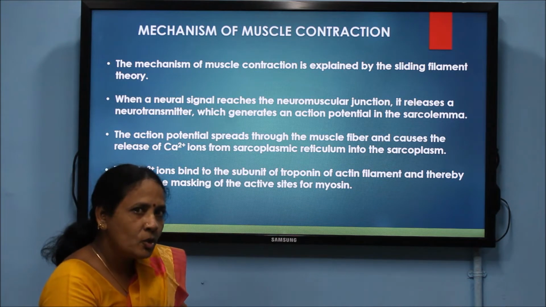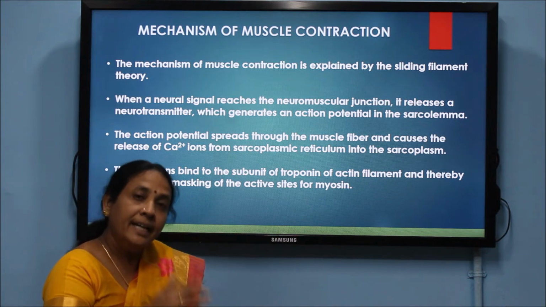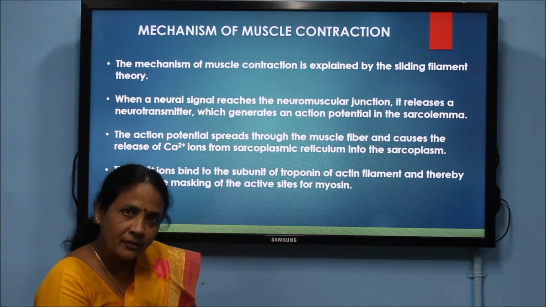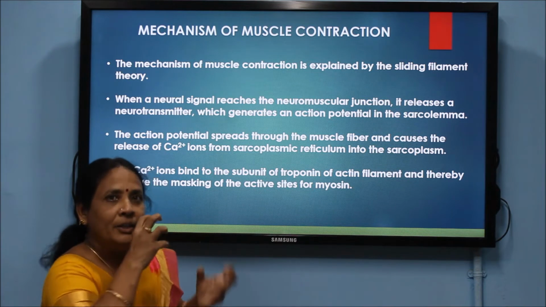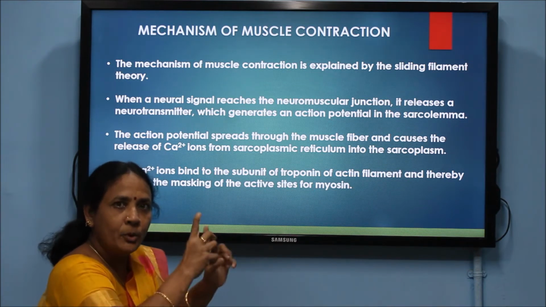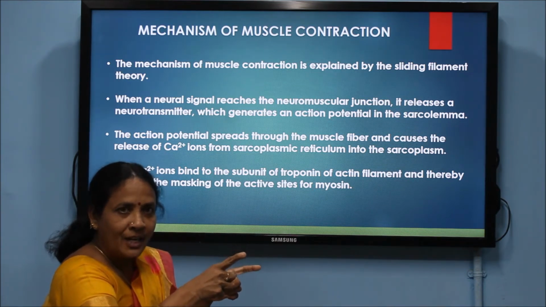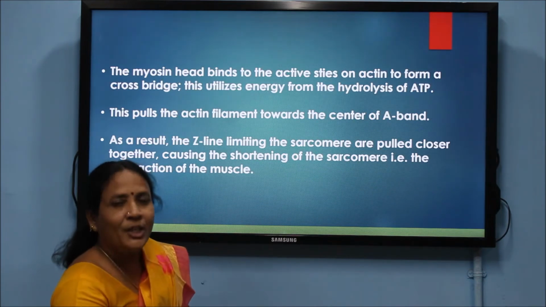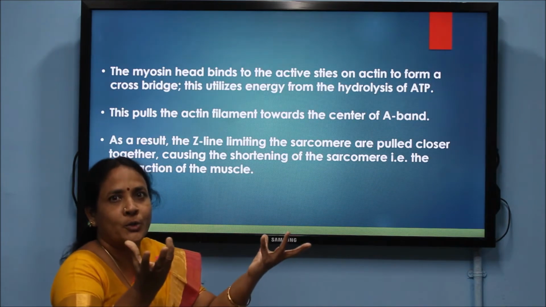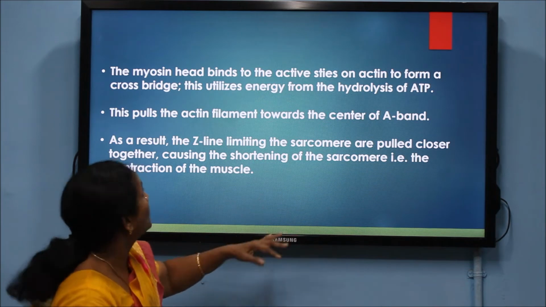What is the function of the troponin? It hides the active site of the actin. Now, due to the binding of calcium to the troponin, this active site is exposed.